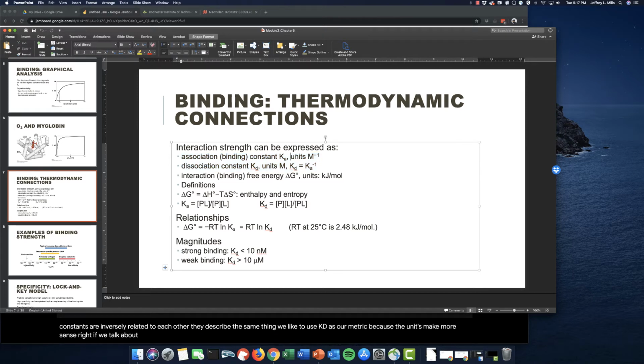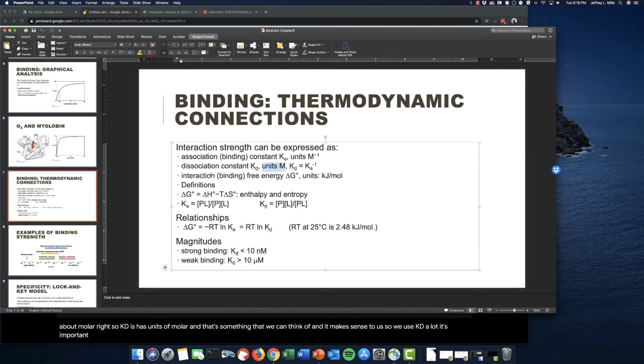If we talk about Ka, the units are in per molar, or 1 over concentration. That's fine, but intuitively, it makes more sense if we can talk about molar. Right? So Kd has units of molar, and that's something that we can think of, and it makes sense to us. So we use Kd a lot.